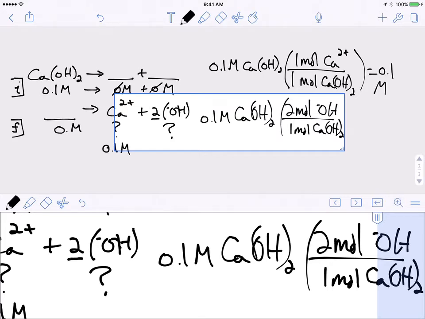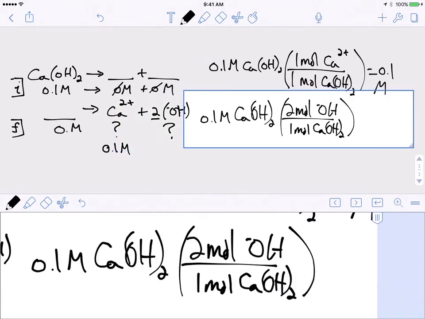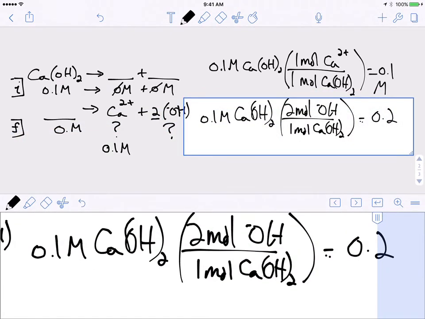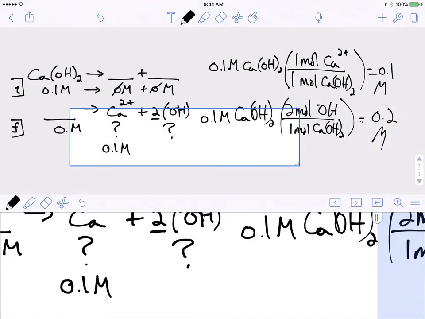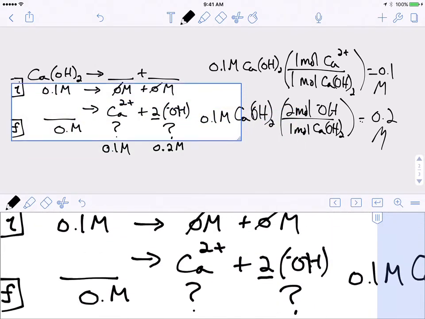So that's important. I have 2 moles here, and that's what I'm using for my molar ratio. Excellent. And 0.1 times 2 divided by 1 is 0.2 moles per liter. Awesome. And so my final concentration of hydroxide ion is 0.2 molar.